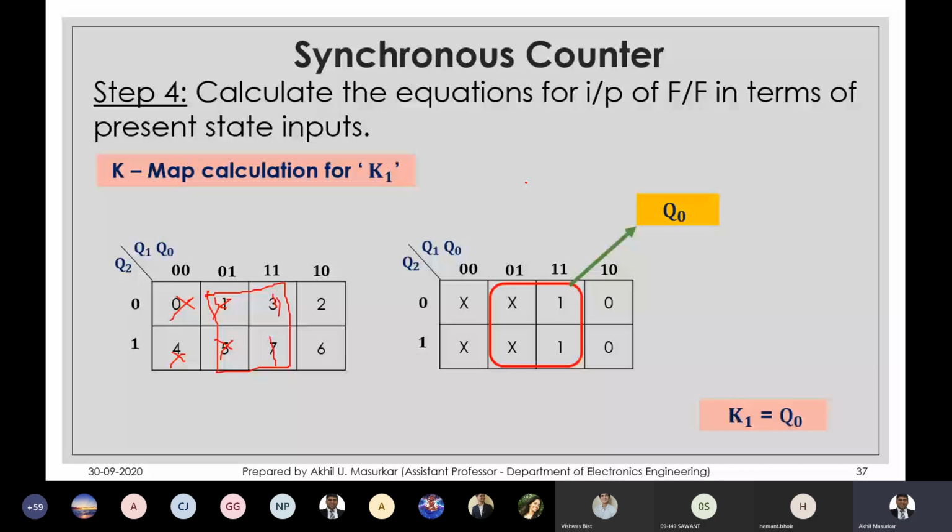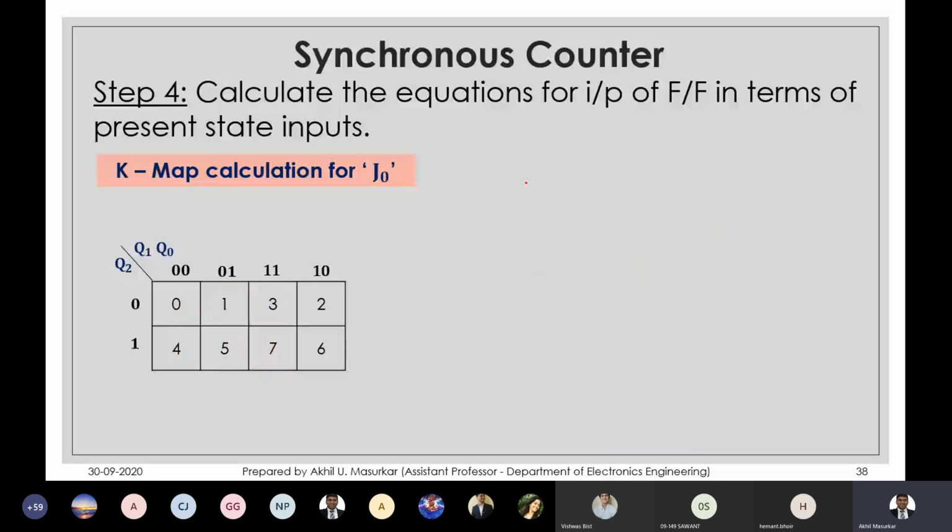Okay, let's go to J0. So J0 will be 1, don't care, 1. And then again we have 1, don't care.